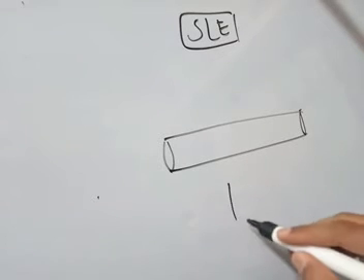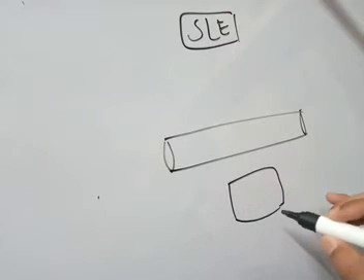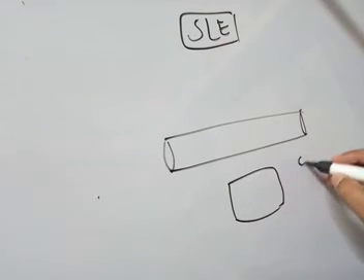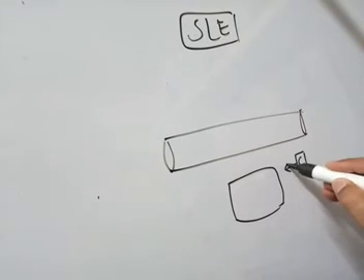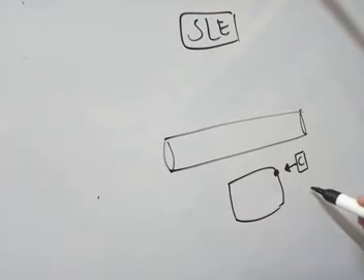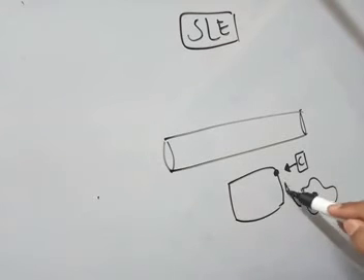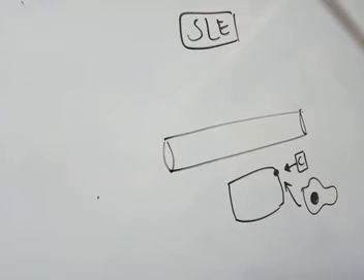But what happens in SLE is that, normally when the cell dies, complements are the ones which mark them. This mark is identified by the macrophage. The macrophage comes into the picture and eats the whole cell without causing any disturbance in the homeostasis.